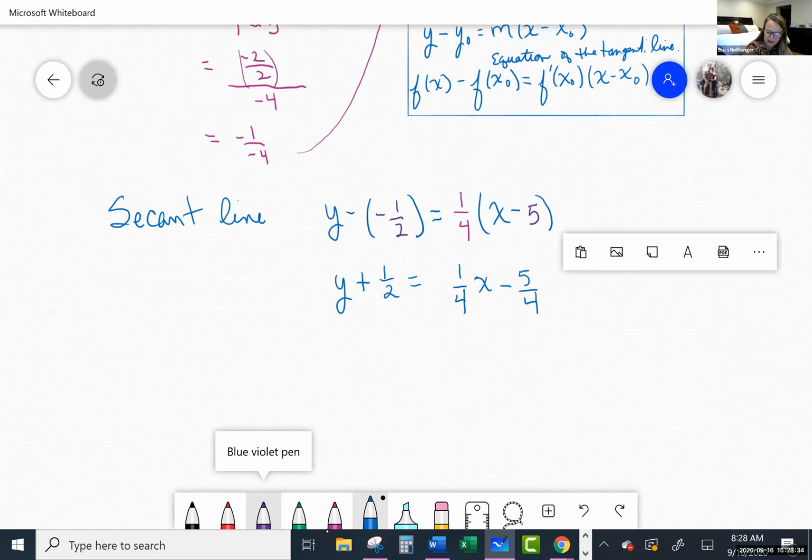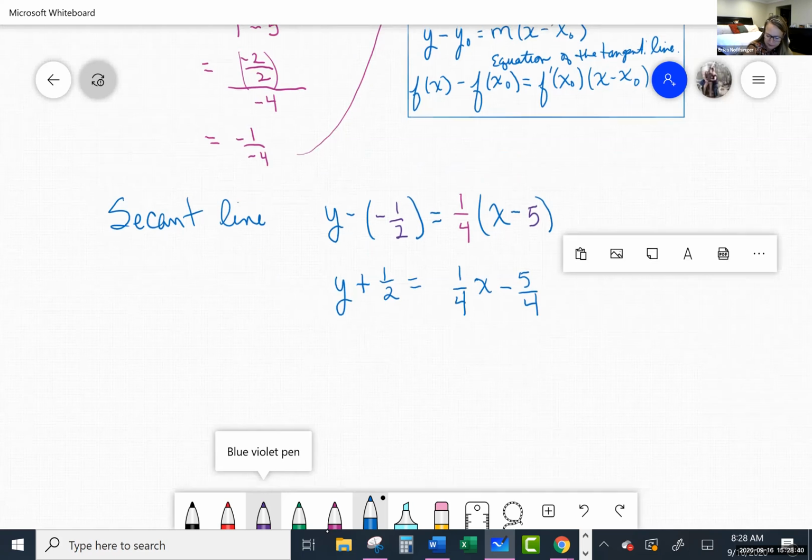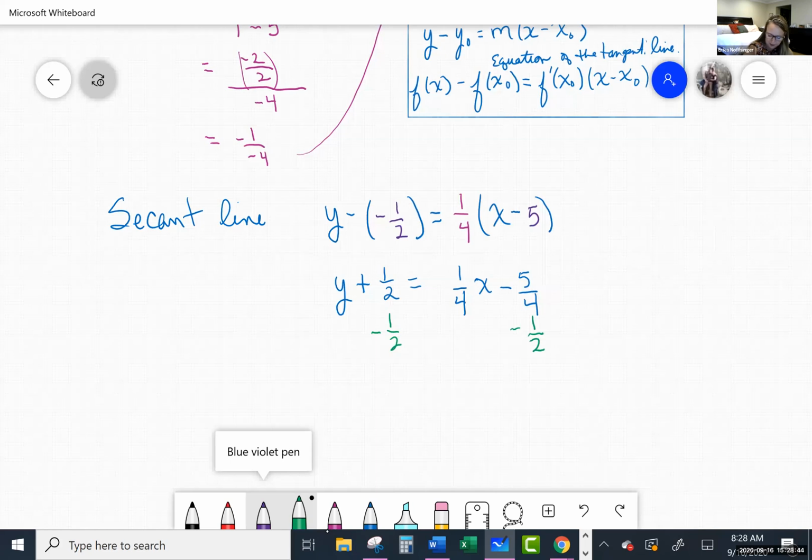To get y by itself, you could subtract 1/2 on both sides. But I notice when I subtract it from my constant of negative 5/4, I'm going to need a common denominator. So let's get a common denominator right here. Let's multiply the negative 1/2 by 2/2.